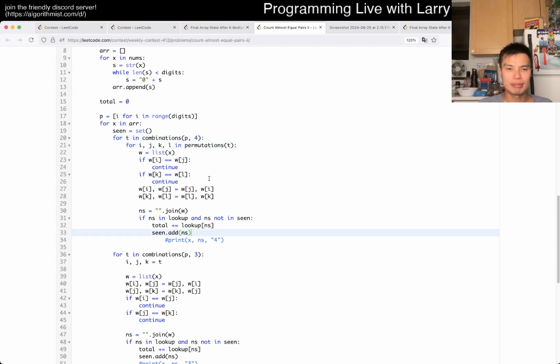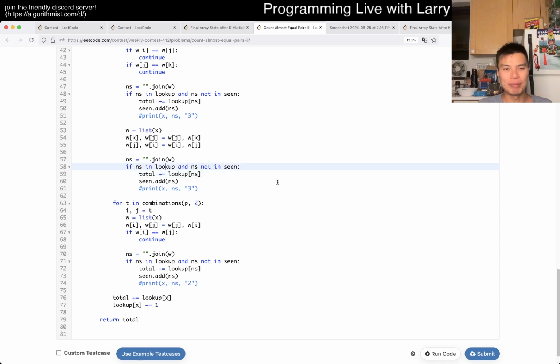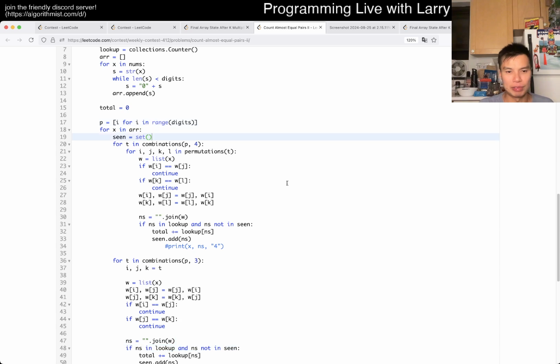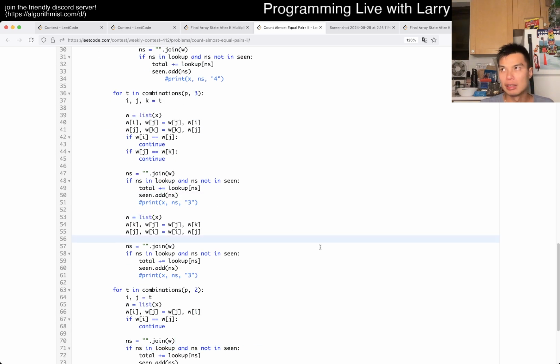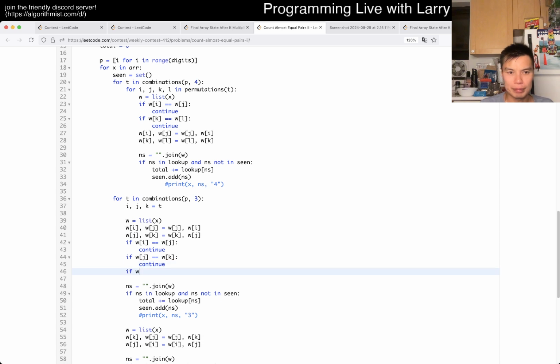But I also missed a few minor things, like a copy and paste here. I missed the not-seen part here. And I think the seen thing is not needed except in the 3 case. Maybe I'm wrong on this. So I think maybe I just need this.